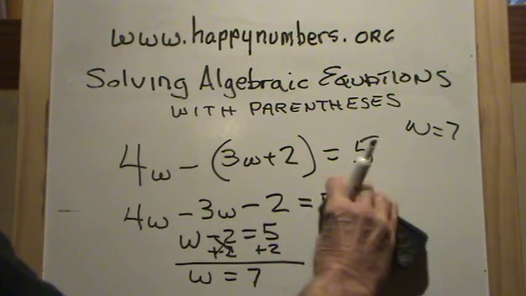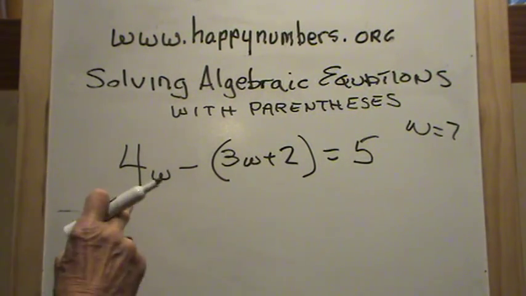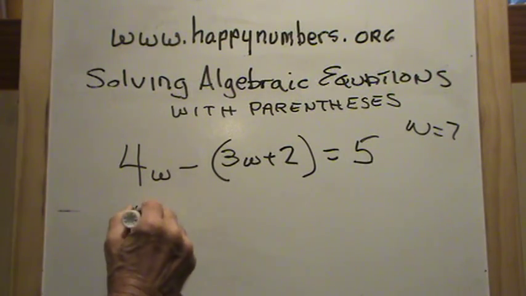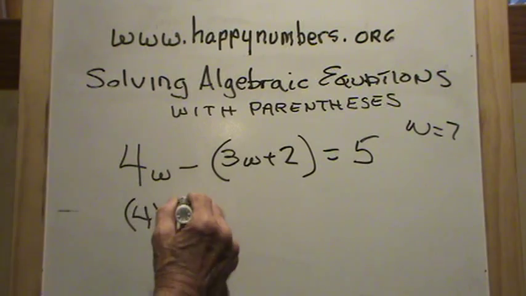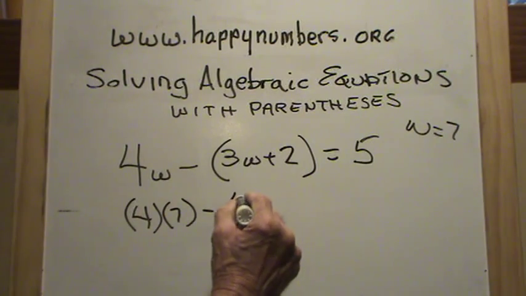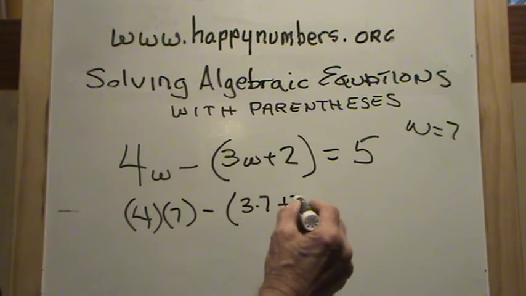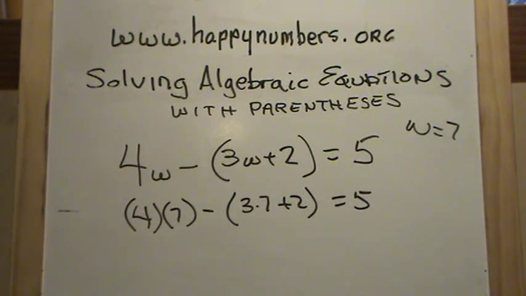Let's go back into our initial equation and see if that's correct. We're saying 4 times w, so it would be 4 times 7, minus 3 times w, which would be 3 times 7, plus 2 is equal to 5. We know there's a negative 1 here. 4 times 7 is 28.